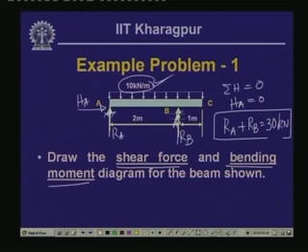And now, if we take the moment of all the forces with respect to B, then we can get the value of the reactive force Ra. So, Ra into 2, which is a clockwise moment, and this loading causes an anticlockwise moment, and this part of the loading causes a clockwise moment.